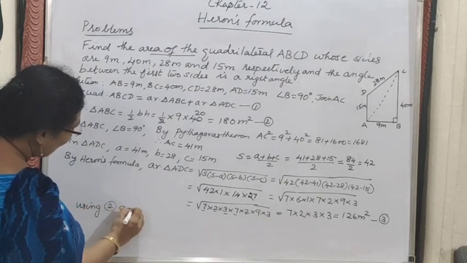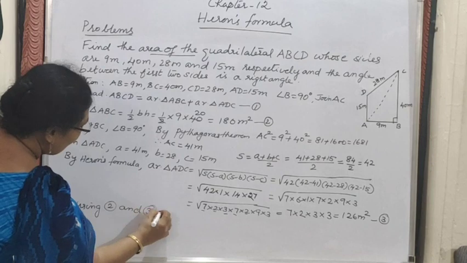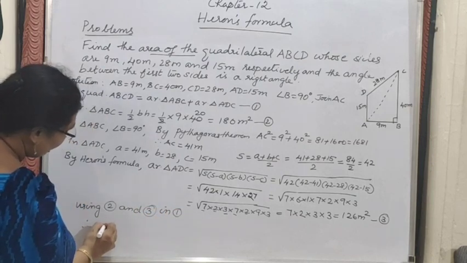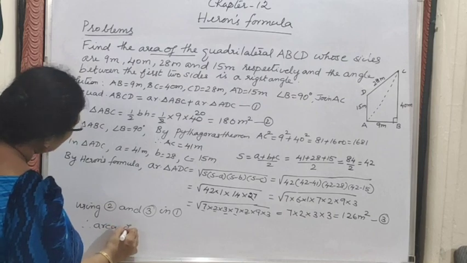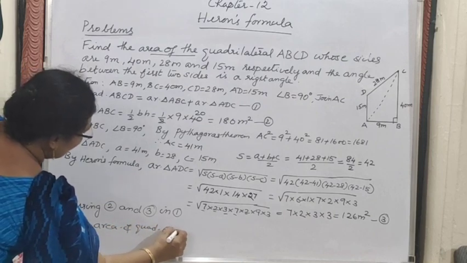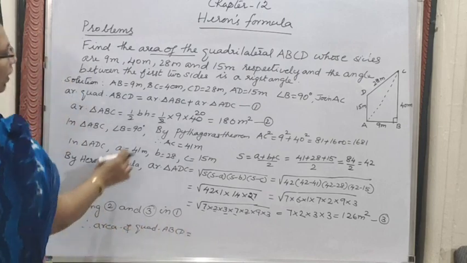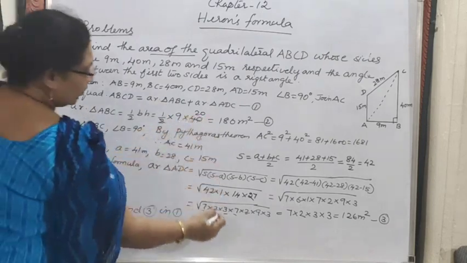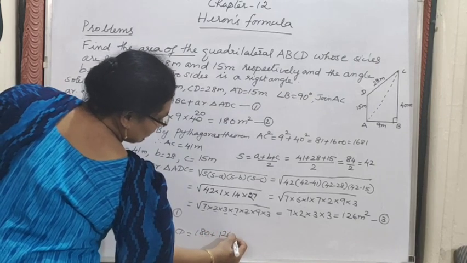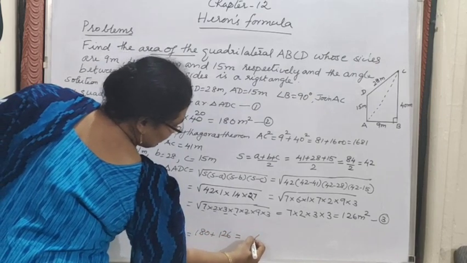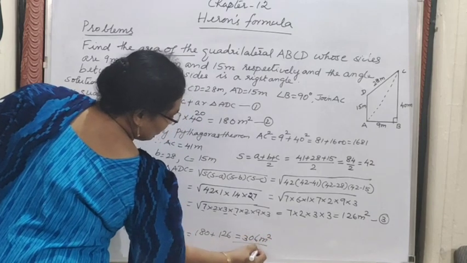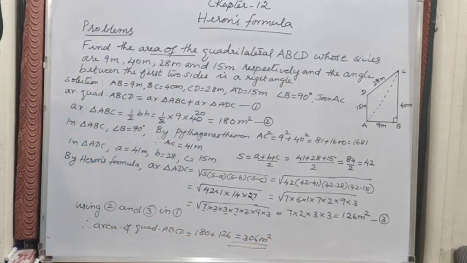Therefore, area of the quadrilateral equals area ABC, which is 180, plus 126. That is 306 meter square. This is the answer.